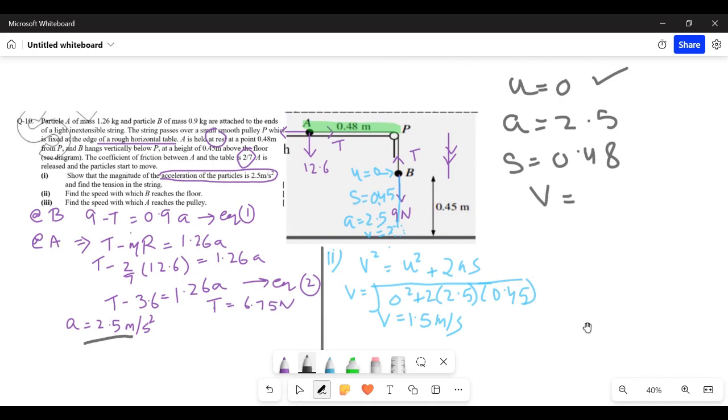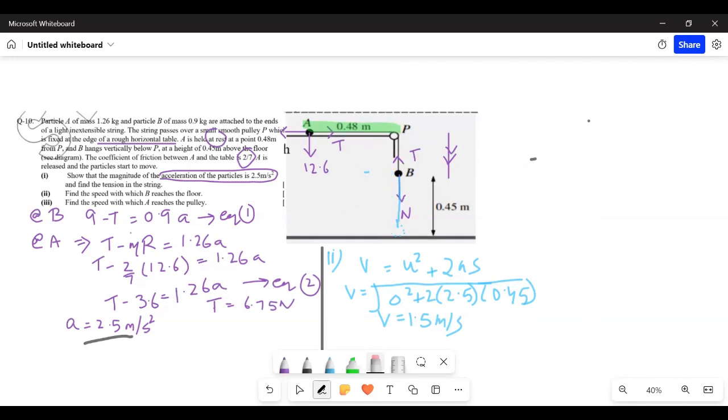You can't use this acceleration. You can't use this distance. Why is that? Because look at the distance between B and the floor and A and the pulley. Distance between B and the floor is less than 0.48. So when B covers this distance, A covers this much distance.